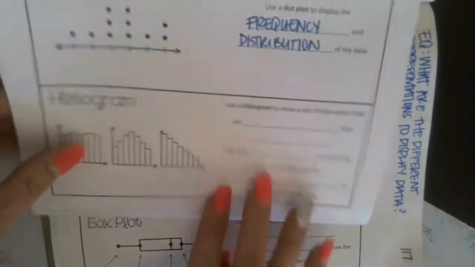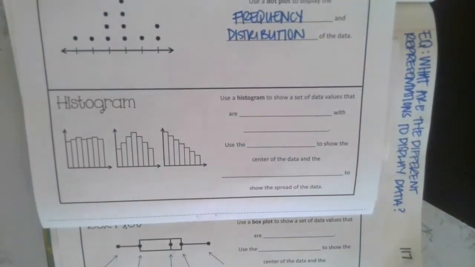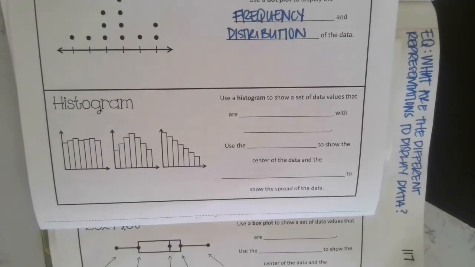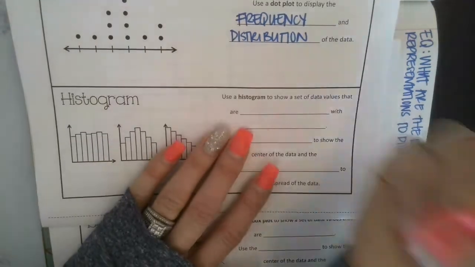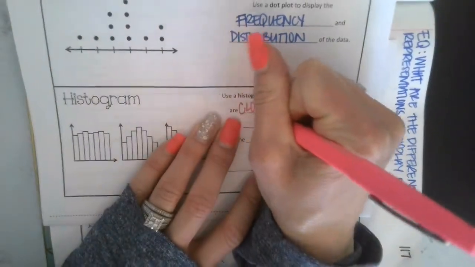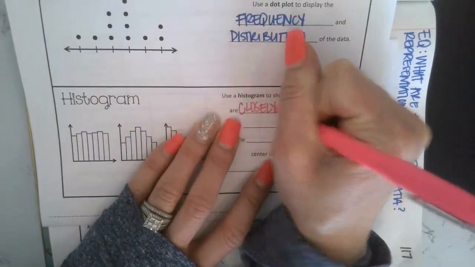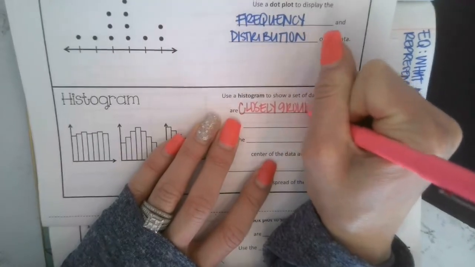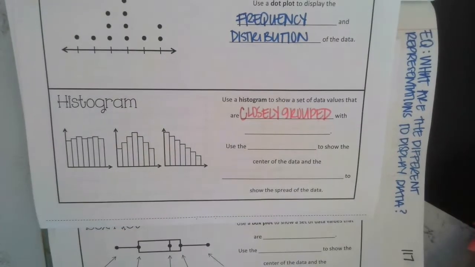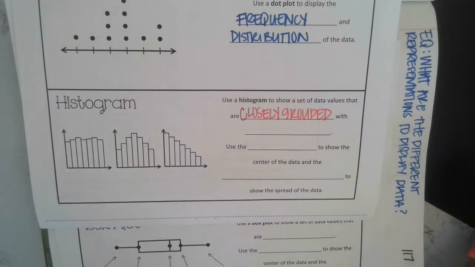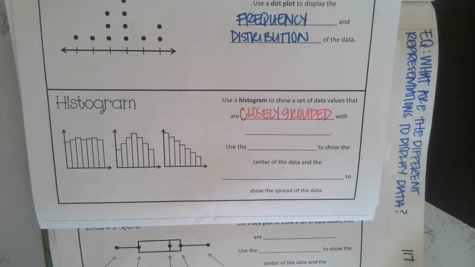So overview for histograms. This is when we would use histograms. A histogram is used to show a group of data values that are closely grouped. So we wouldn't want to use a histogram if, let's say we were talking about ages of all people on campus, including teachers.